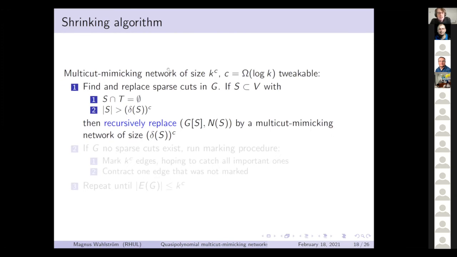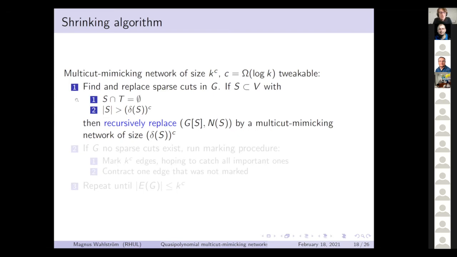So we have an algorithm. This is a non-constructive algorithm with something like k to the log k edges. In phase 1, we look for any vertex set which has no terminals in it and whose number of vertices is bigger than the number of edges around it to the power of c.